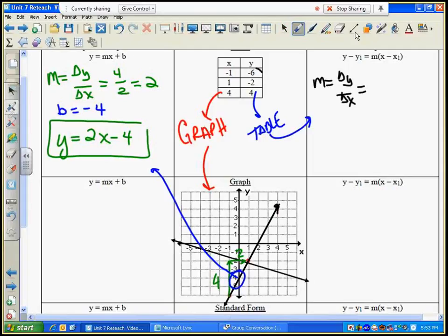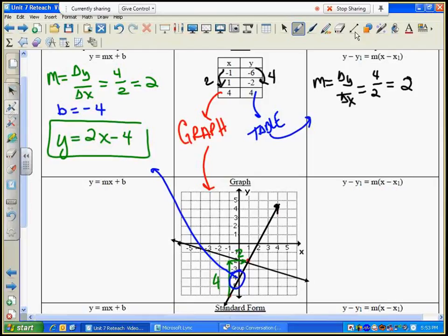We're looking to see how the y changes and then how the x changes. Well, from -6 to 2, that's a positive change of 4. From -1 to 1, that's a positive change of 2. You can see here that we're going to get the same ratio or same fraction as we did from the graph. So the slope should be the same. Makes sense.